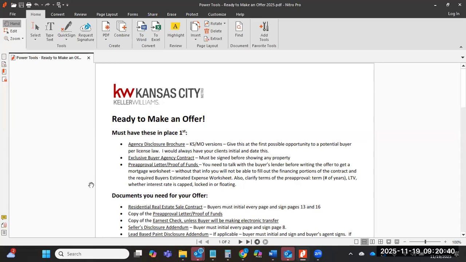I do tell my buyers usually, even before we go out looking, that they're probably going to know in their gut in the first 30 seconds they're in the property whether this is the one or this is not the one. And pretty much that's true. So if the buyer's getting excited and starting to talk about this one, starting to bring their furniture in, that kind of thing, that's a really good indication that they might be wanting to write an offer on this one.